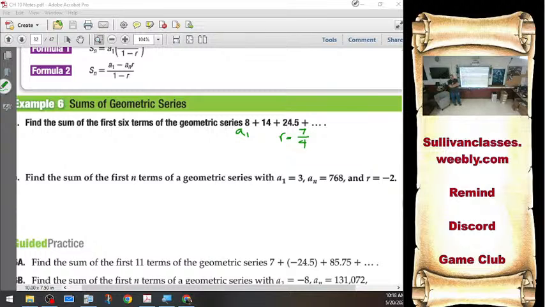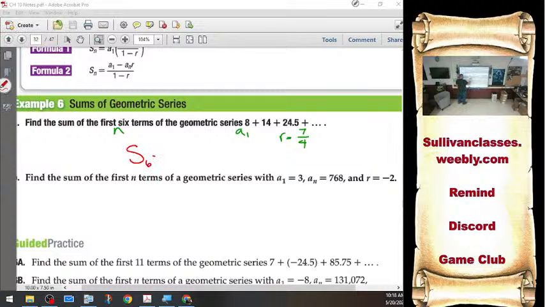Something that came up last hour, be careful. 14 over 8 is 7/4. 24.5 over 14, is it still 7/4? It does say common ratio, meaning they have to have it in common. If it doesn't have a common ratio, then it's not even a geometric series, so you can't do it. Just watch that. And then they gave me n. They said find the sum of the first 6 terms. So, plug and chug.